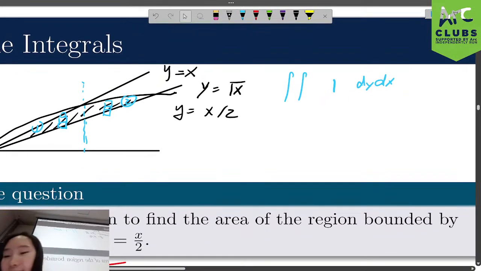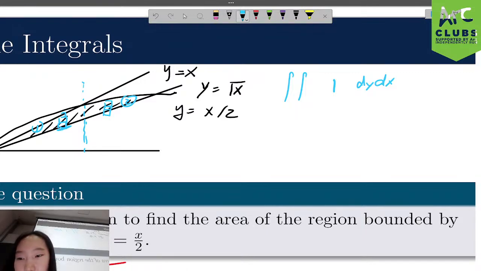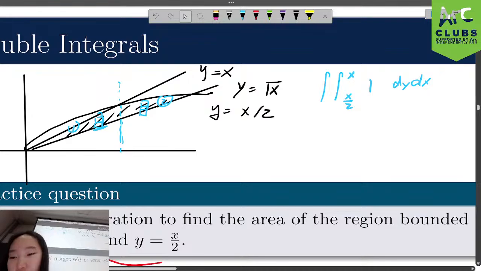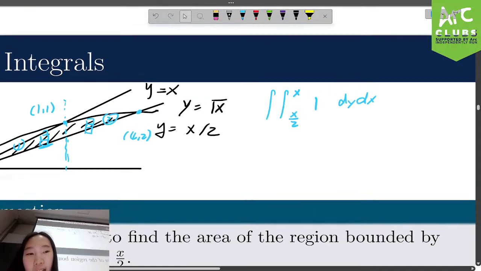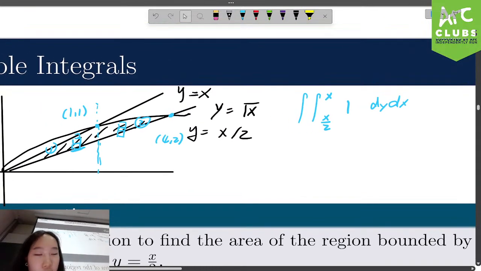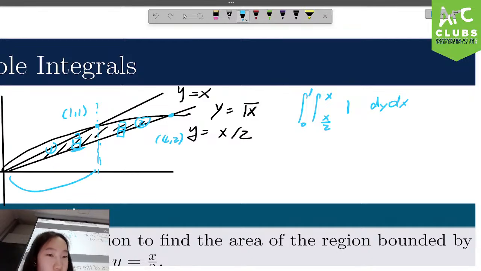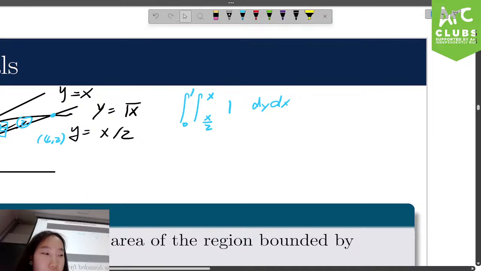For y, we're evaluating from this line to that line, so we have from x over 2 to x. For x, we need to find the intersections. The intersection here is (1, 1), which is easy to get. The intersection over here is (4, 2). So for x, our bound is from 0 to 1. Okay, this part. So that's our first part integral.